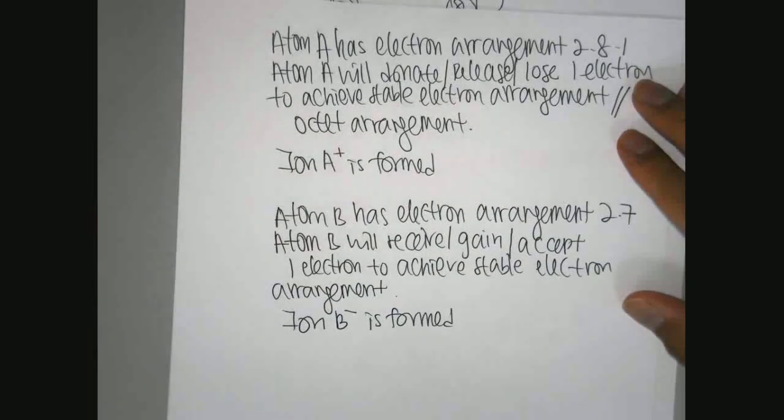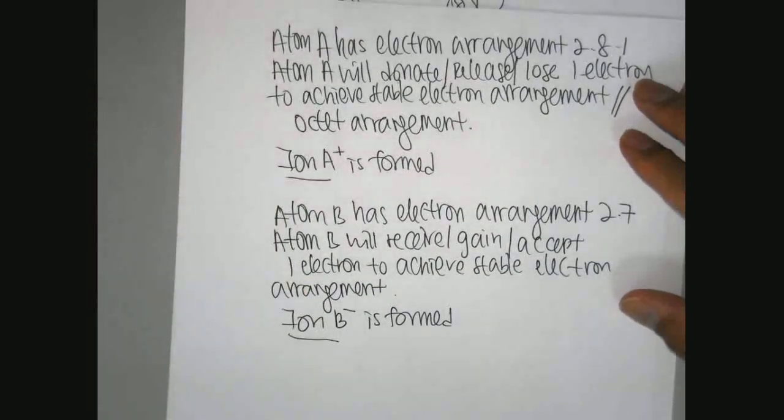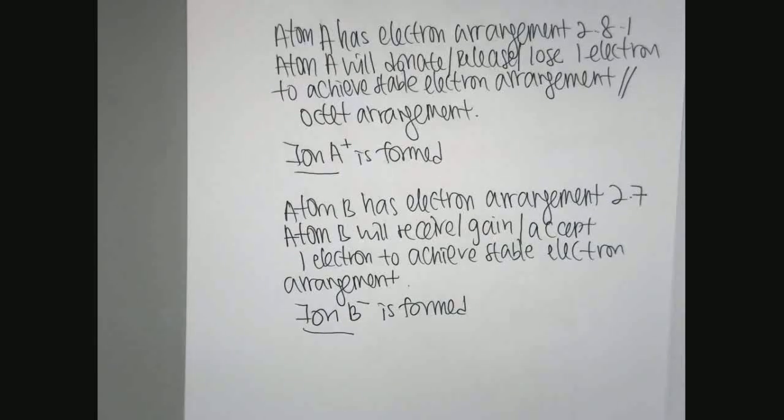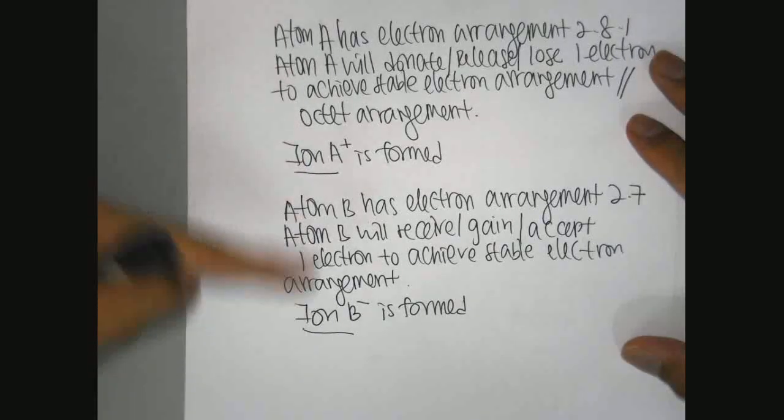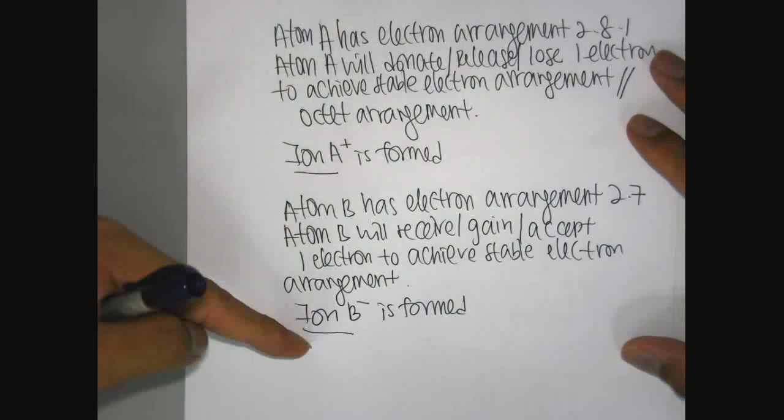So now let's think. We have a positive ion and a negative ion. We know opposite charges attract, similar charges repel. So when we have opposite charge between A and B, one plus, one minus, we know they will attract. So you write this.